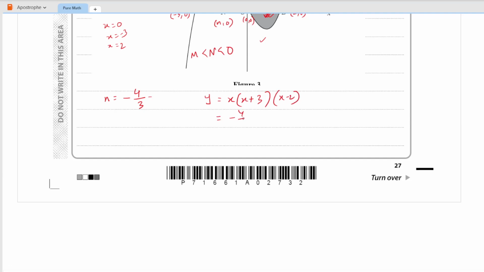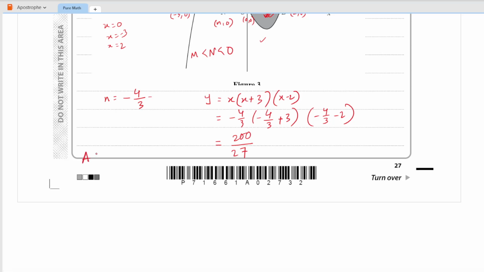Sorry, I keep making mistakes. So negative 4 over 3, negative 4 over 3 plus 3, negative 4 over 3 minus 2. When you calculate this, you will get the result of 200 over 27. And that's your answer right there.